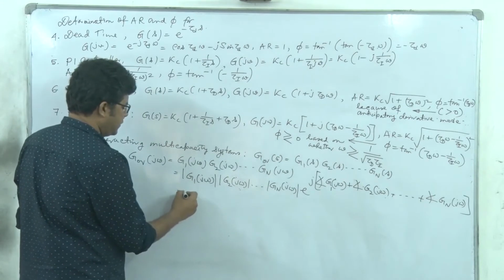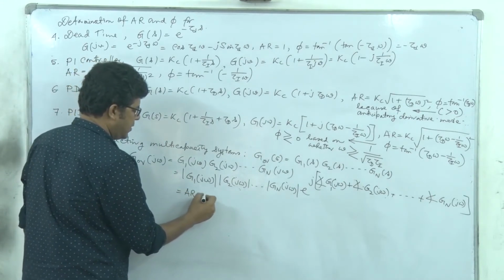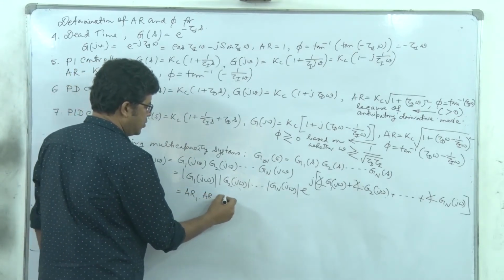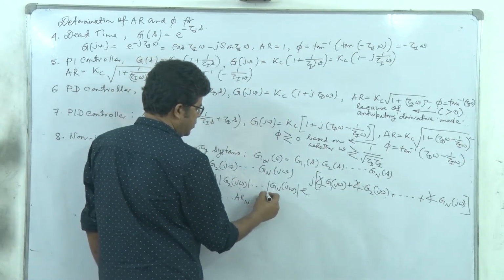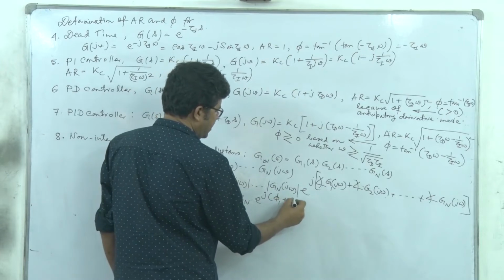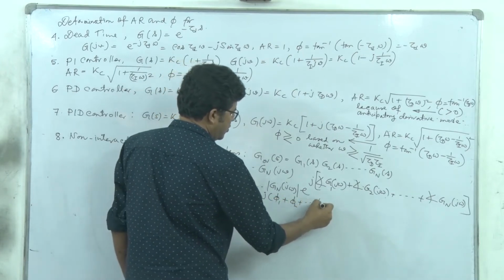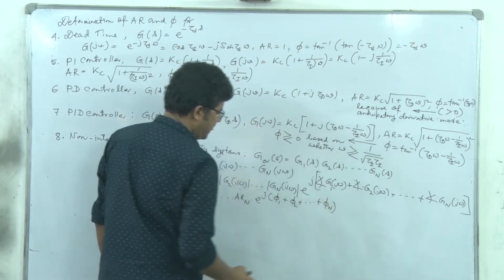Right? So this is equal to AR1, AR2, ARn e to the power j(φ1, φ2, φn).